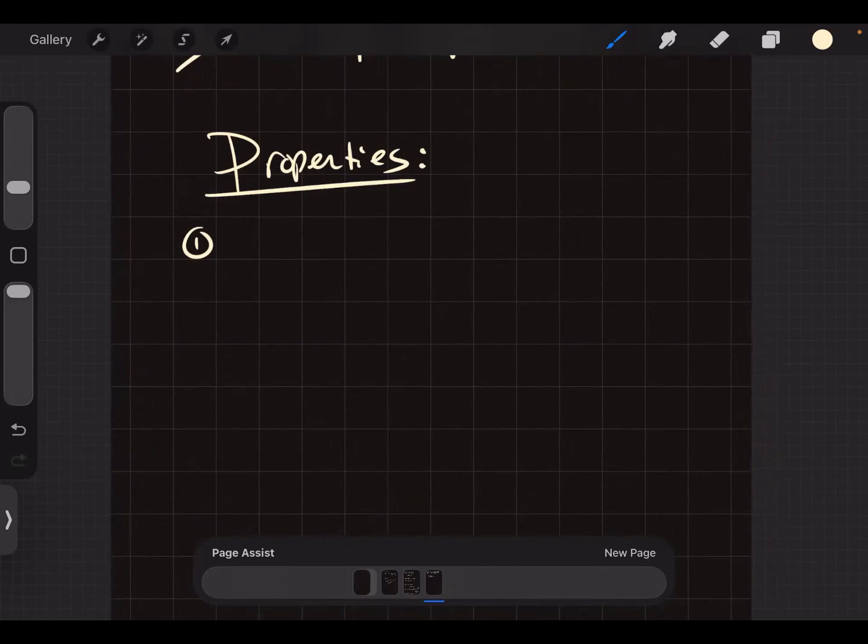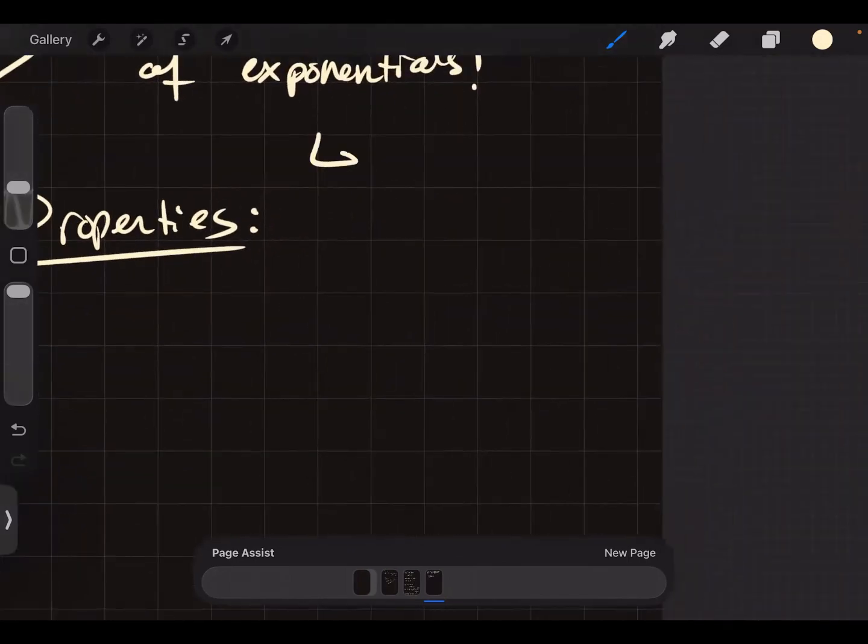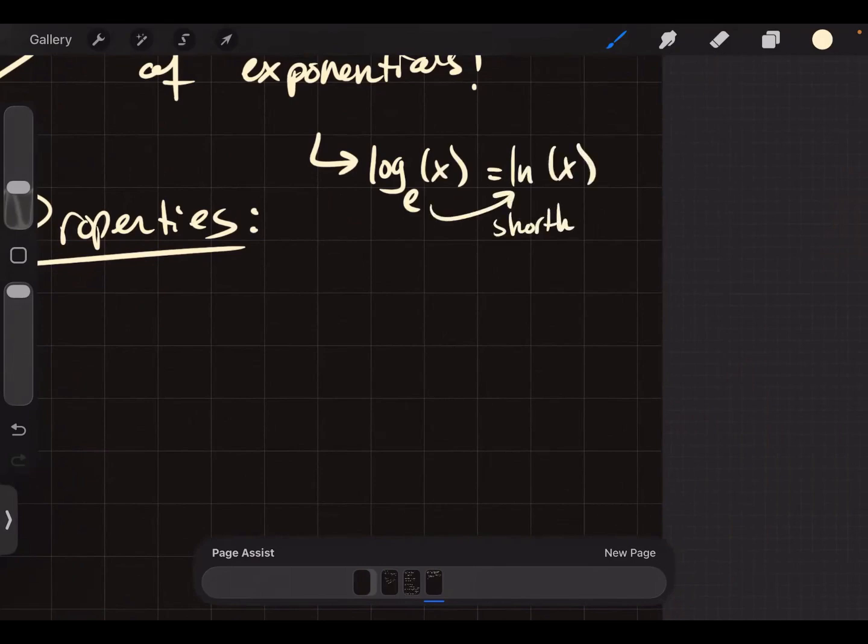One more thing: log base e of some x is the same as ln of x. That's the shorthand. For our purposes, we'll almost exclusively be using log base e, so I will almost always be using ln.